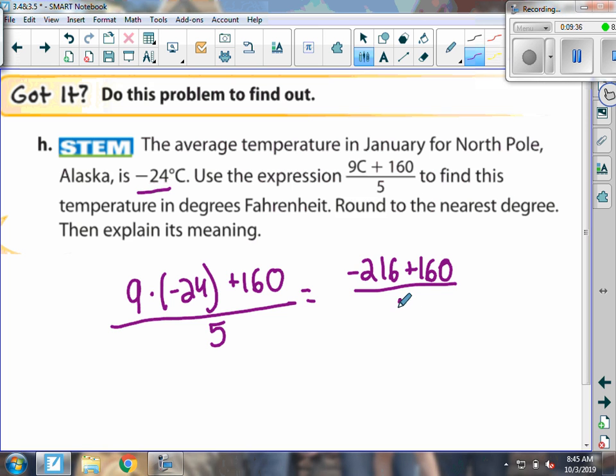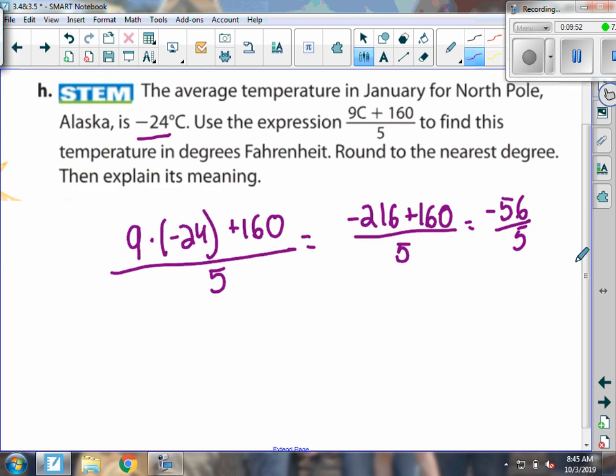So that's plus 160 over 5, I'm just copying this down. Negative 216 plus 160 gives me negative 56. So we have negative 56 over 5. When I divide negative 56 by 5, that gives me negative 11.2.